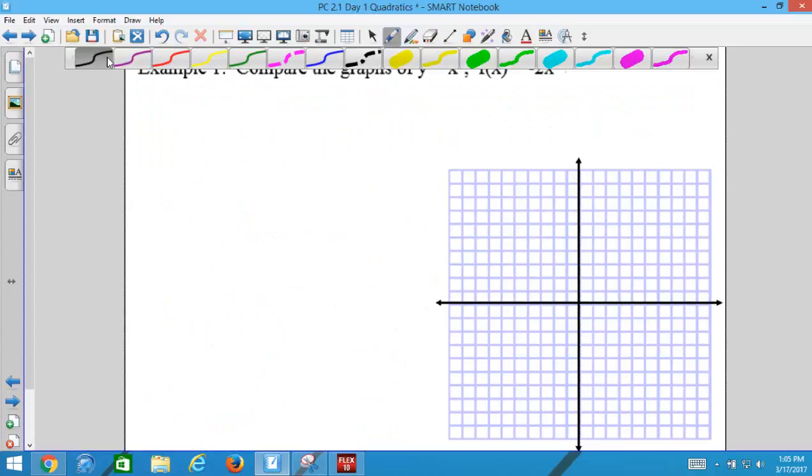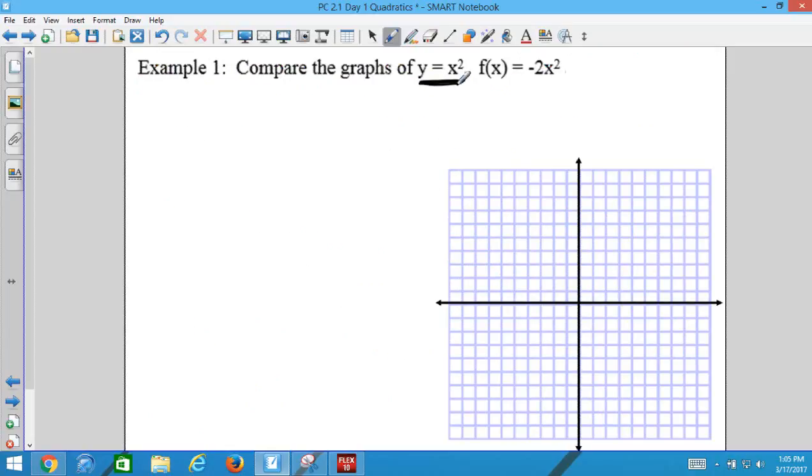So you're going to do 6 graphs in your assignment. On all 6 graphs, I want you to graph the parent function, y equals x squared. You're going to pick values for x that will fit on the graph and that you can square easily.